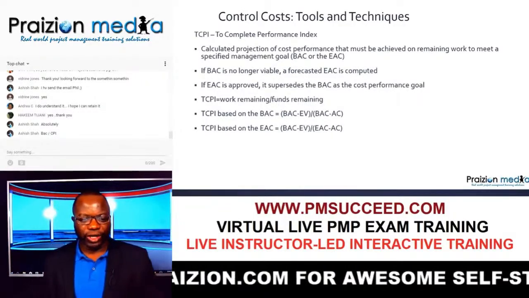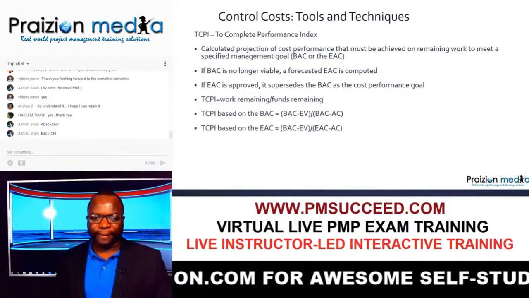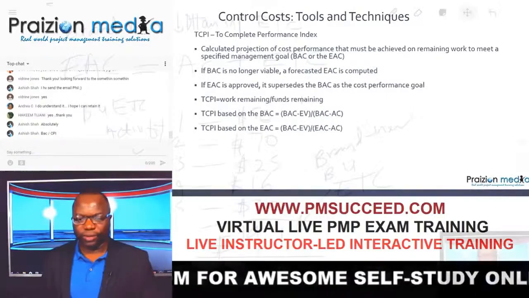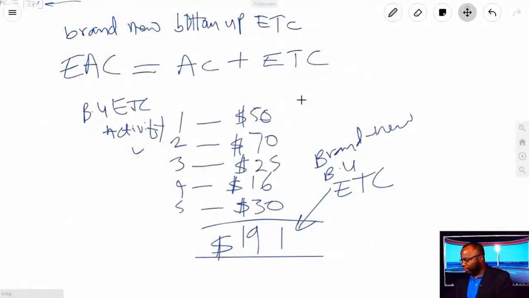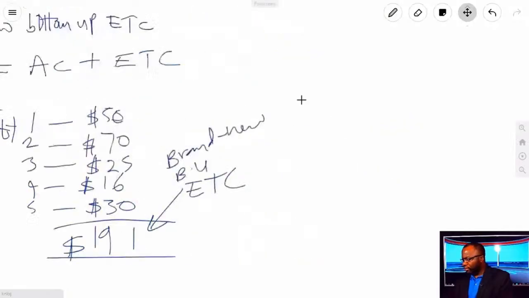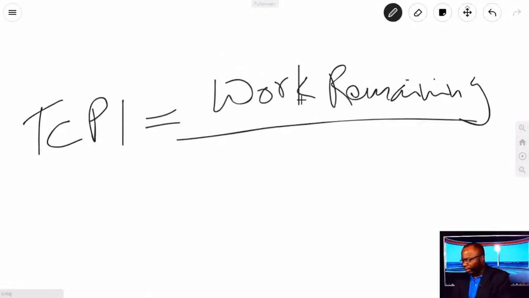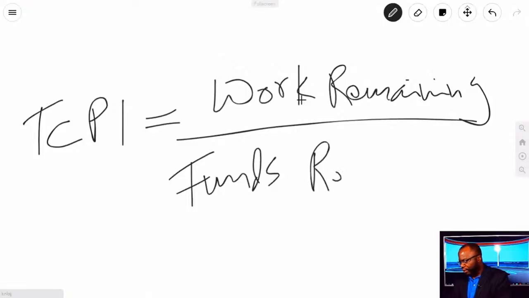But let me show you really quick. Let me use the whiteboard here and show you a little bit more detail regarding the TCPI. For TCPI, you just got to remember that it is work remaining divided by funds remaining.